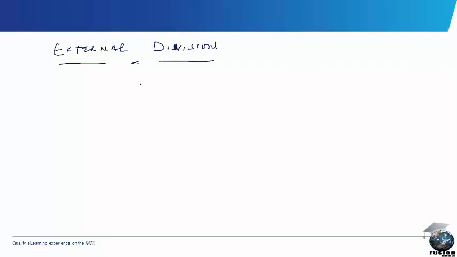Alright, I want to state that the external division for the x-axis, for the x coordinates, or the x abscissa, is given that the ratios are represented as follows.